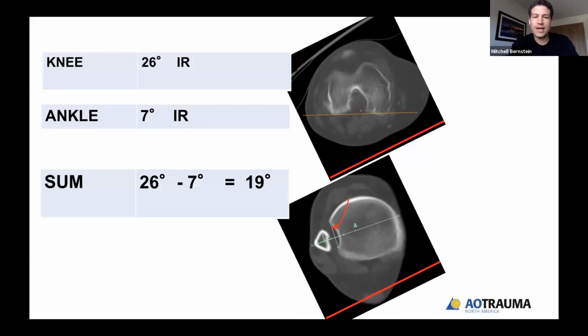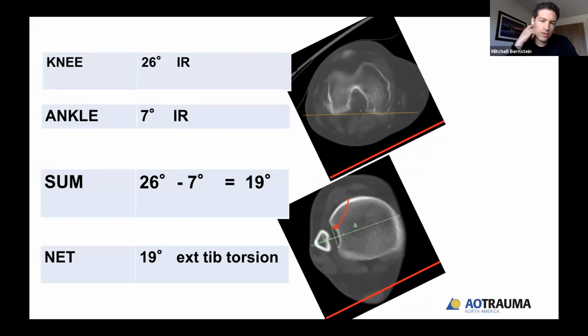So the net in this case would be 19, or minus 26 minus 7 is 19. Please check my math, so you don't have to, because I have a calculator. And then again, if you look at the femoral condyles flat, and if your right leg is pointing externally rotated, it's a little bit easier to say this patient has 19 degrees of external tibial torsion.